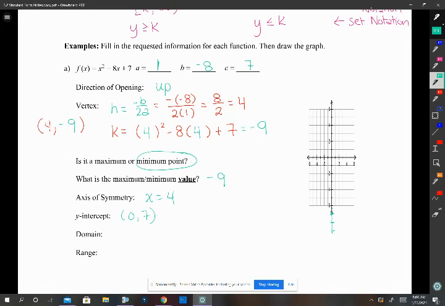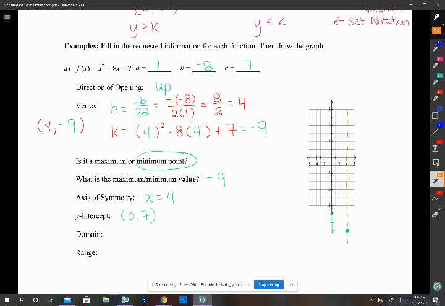So we're going to go 4, -9. And then we're going to graph our axis of symmetry, which is just through that point. So that's this little dashed line. Remember, it's vertical and it goes through our vertex point.